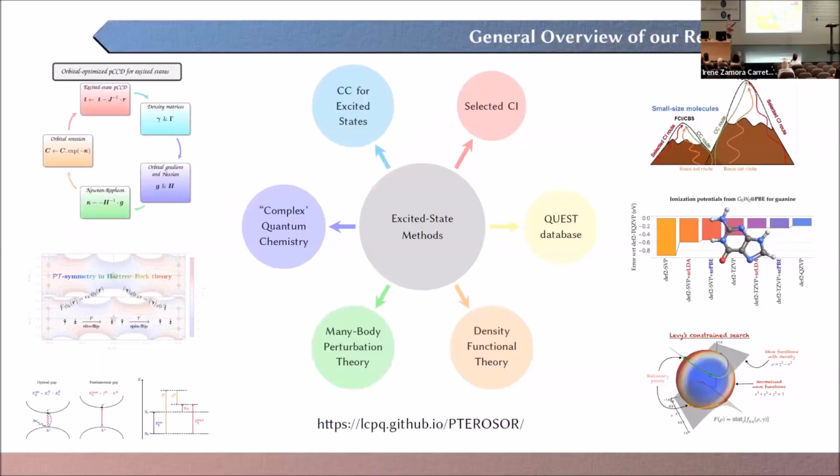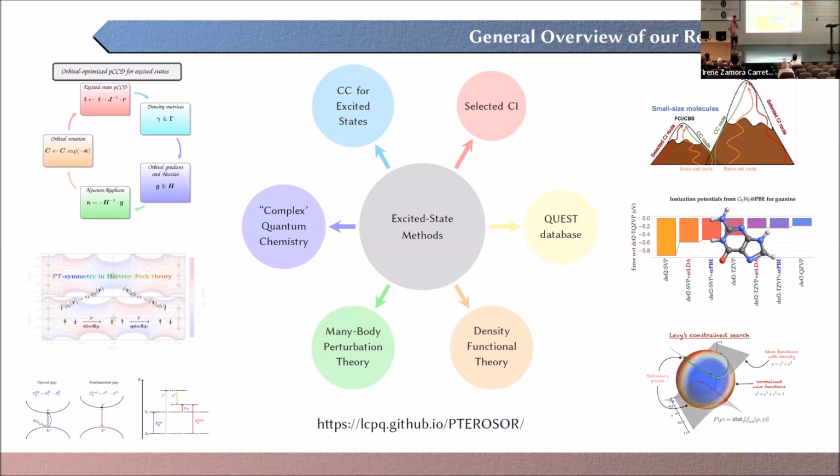But before, I'd like to introduce our group and what we're doing. I think it's always useful to know what other people are doing, if you are interested, and we can talk. So we are mainly focusing on excited states, how to get excited state energies and properties as accurate as possible. If I was at the University of Barcelona, I would probably be more of a B guy than a U guy.